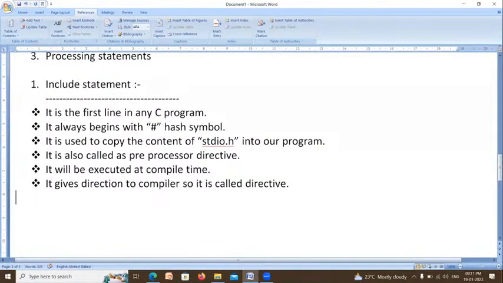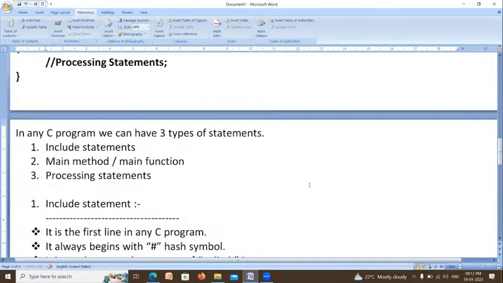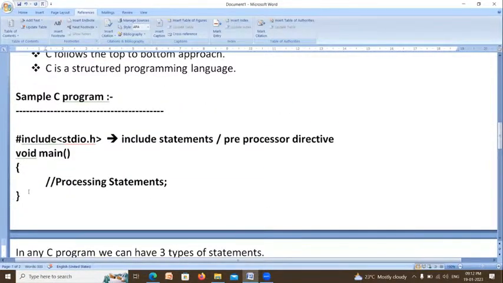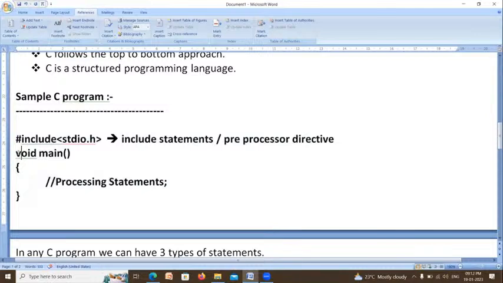Now what is the main method, or main function? In your program, suppose you write 1 lakh lines of code. From those 1 lakh lines of code, your program's execution always starts from void main.